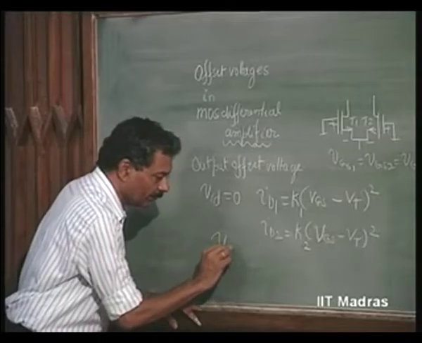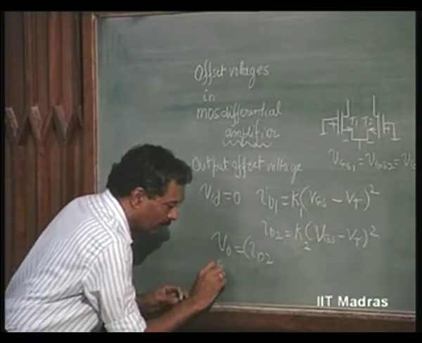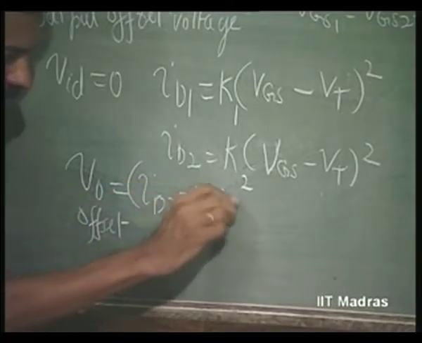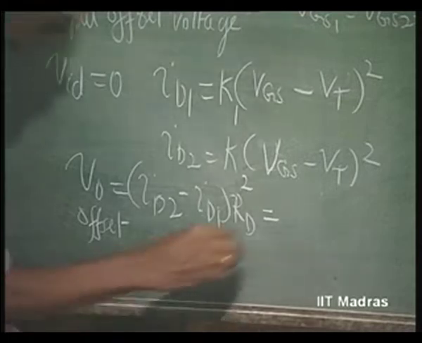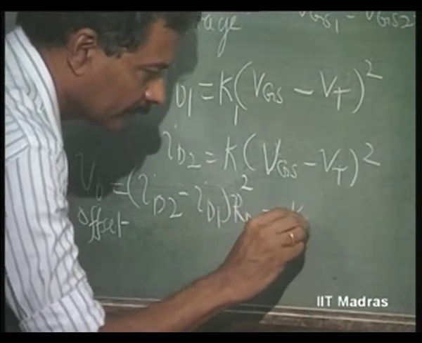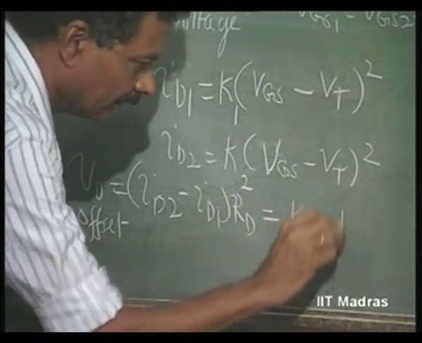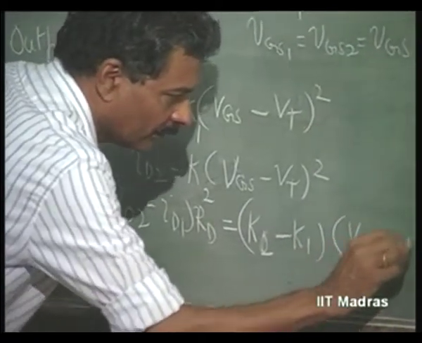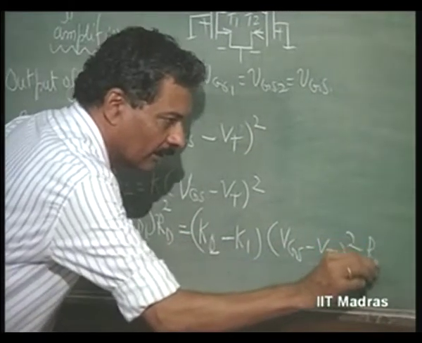So, the offset V0 is simply ID2 minus ID1 into RD. Therefore, this is equal to K2 minus K1 into VGS minus VT whole squared into RD.